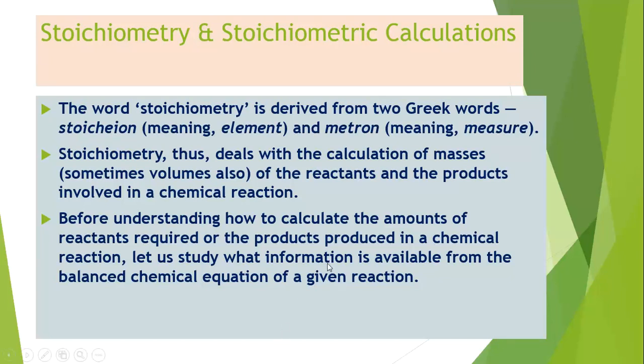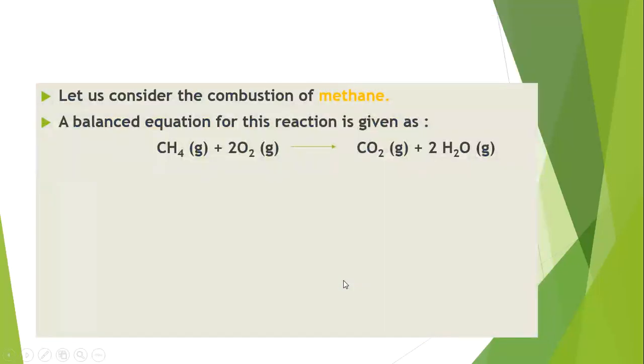We have to understand first, which we know also, but we will go through that one. Let us consider the combustion of methane. Methane means CH4. If we are writing a balanced equation for the reaction, we'll get CH4 plus 2O2 giving CO2 plus 2H2O.